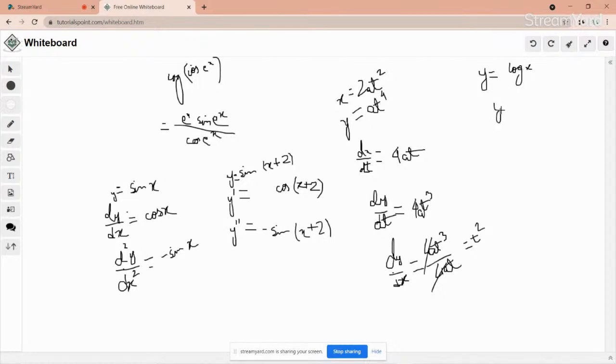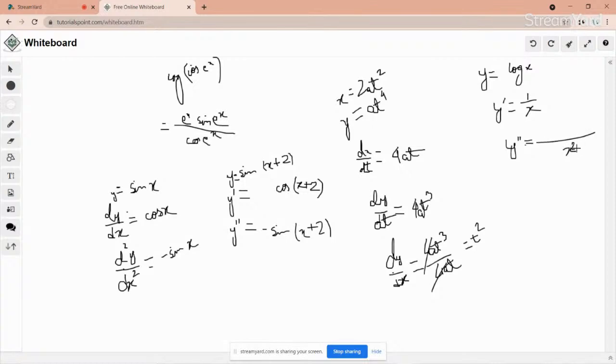So the first time we will differentiate, we will get 1 by x, and the next time if we differentiate it, we will use the quotient rule here.